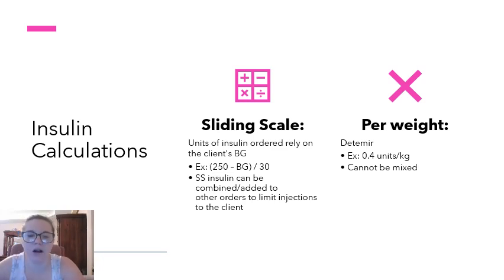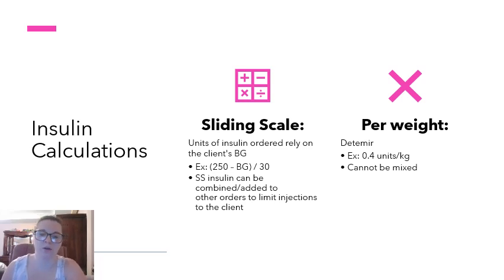So if their blood glucose was 200, so then we would plug it in and be 250 minus 200 equals 50. 50 divided by 30 is 1 2/3, so 1.666. So then you would round up to 2 units.